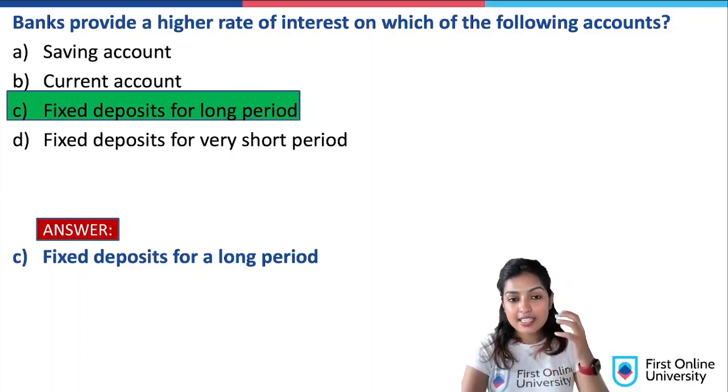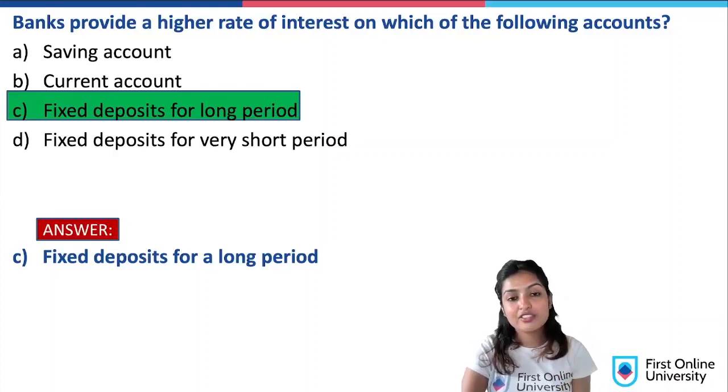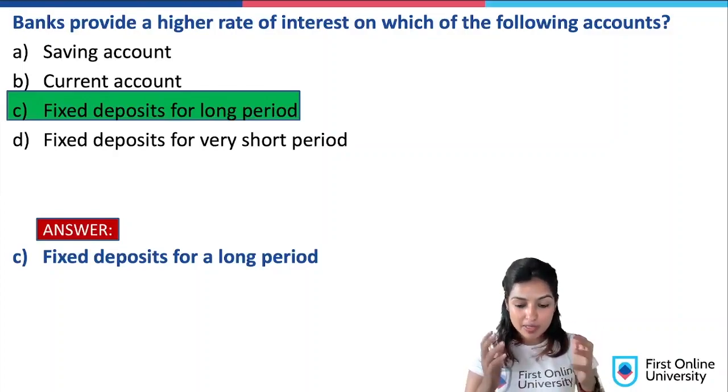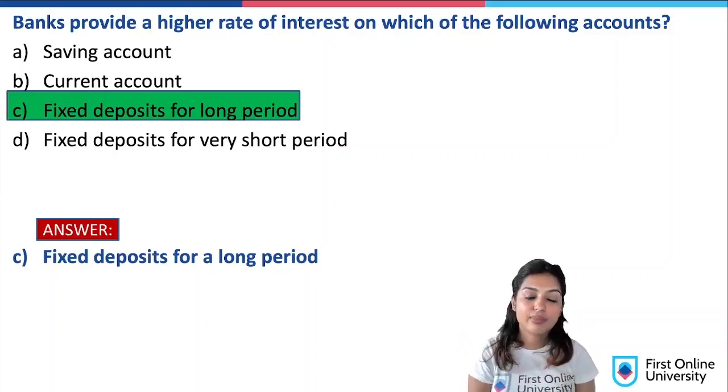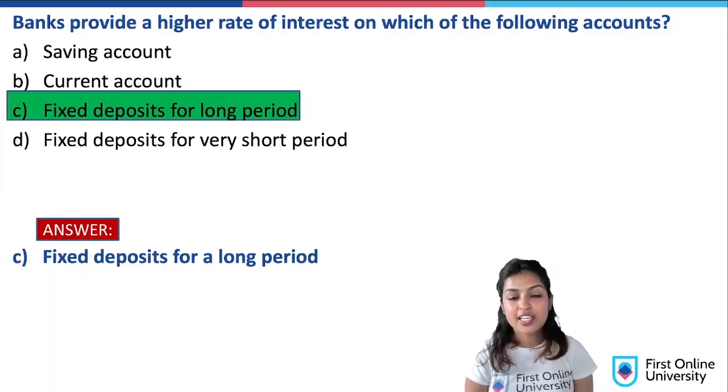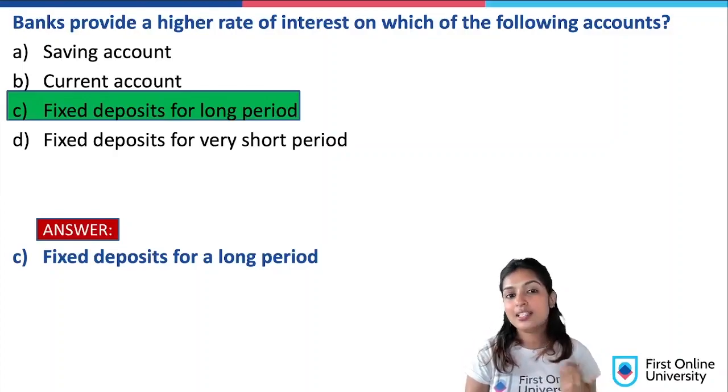And hence, it's a kind of incentive for the depositor as well, that when they keep deposits of a large amount for a larger period of time, they will get a larger interest out of it. They will get more money on the money that they've kept in the banks already. So it's a kind of balance between the depositor and the bank.